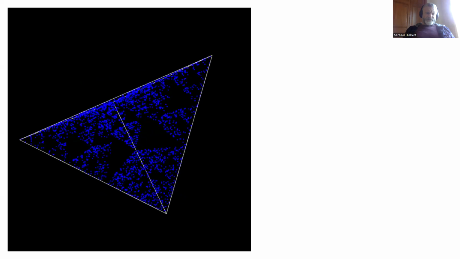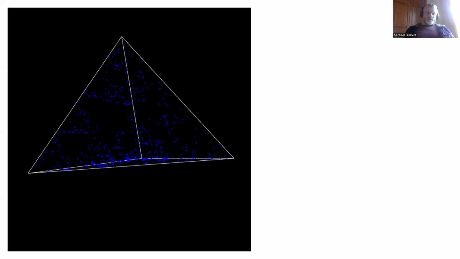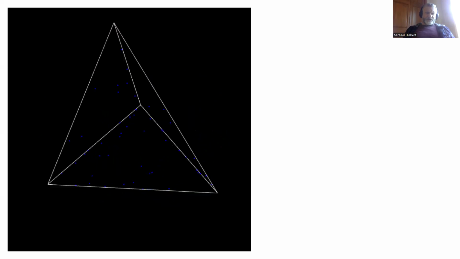But as the clock ticks and each point appears, you see the pattern. Look, there are small tetrahedrons within the large tetrahedron. And within each of these small tetrahedrons are many other small tetrahedrons.